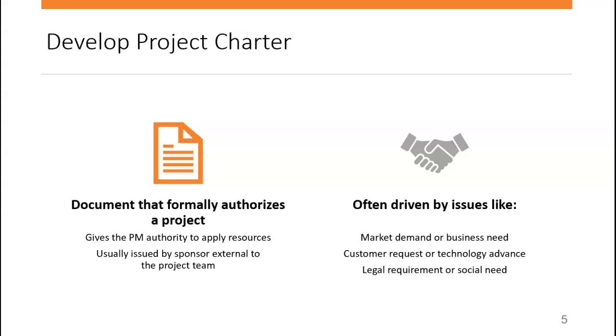So the sponsor of the project, that's the person usually with the money, is the person funding the project. It can be somebody outside the company, like a client or customer. It could be somebody high level in a management role in the company.